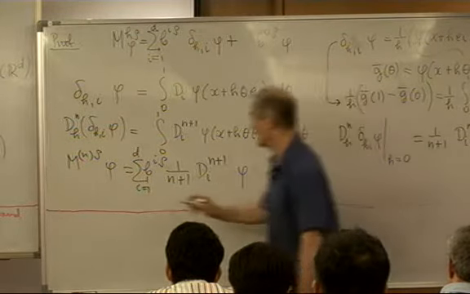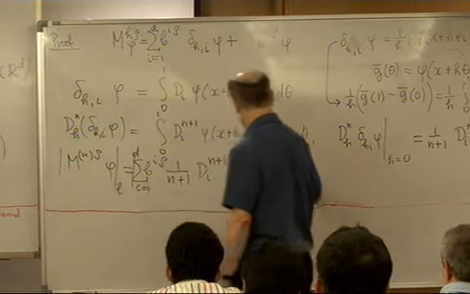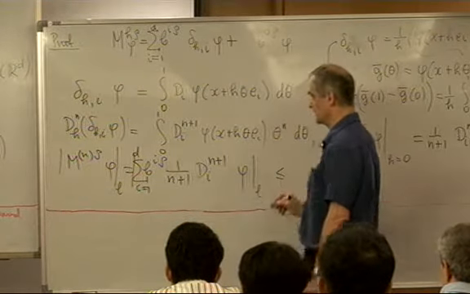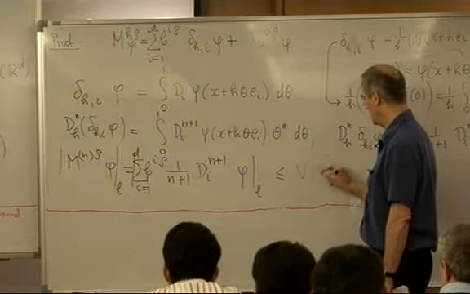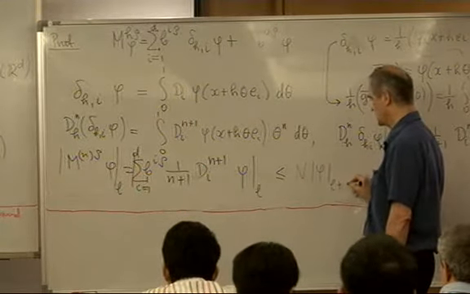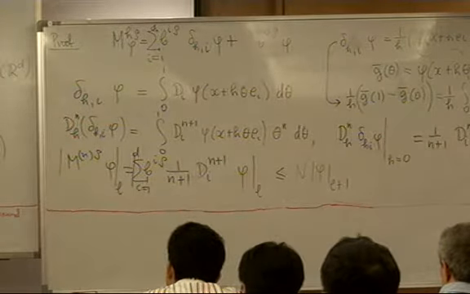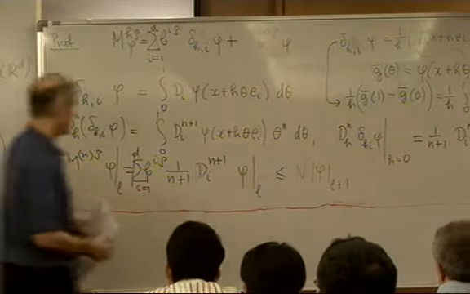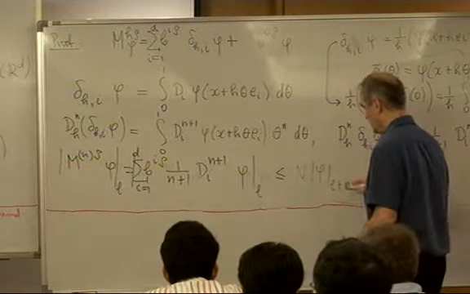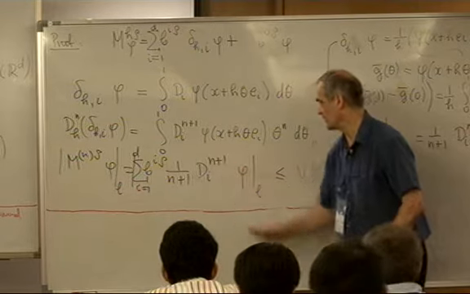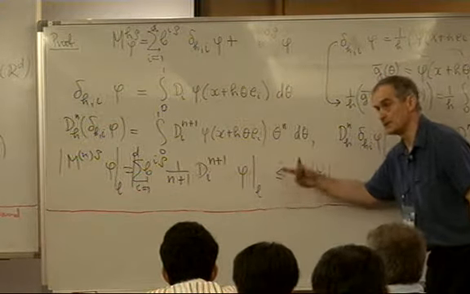So this norm is less than or equal to a constant times the norm of phi in L plus n plus 1, because here we have n plus 1 derivatives plus L derivatives to be considered.